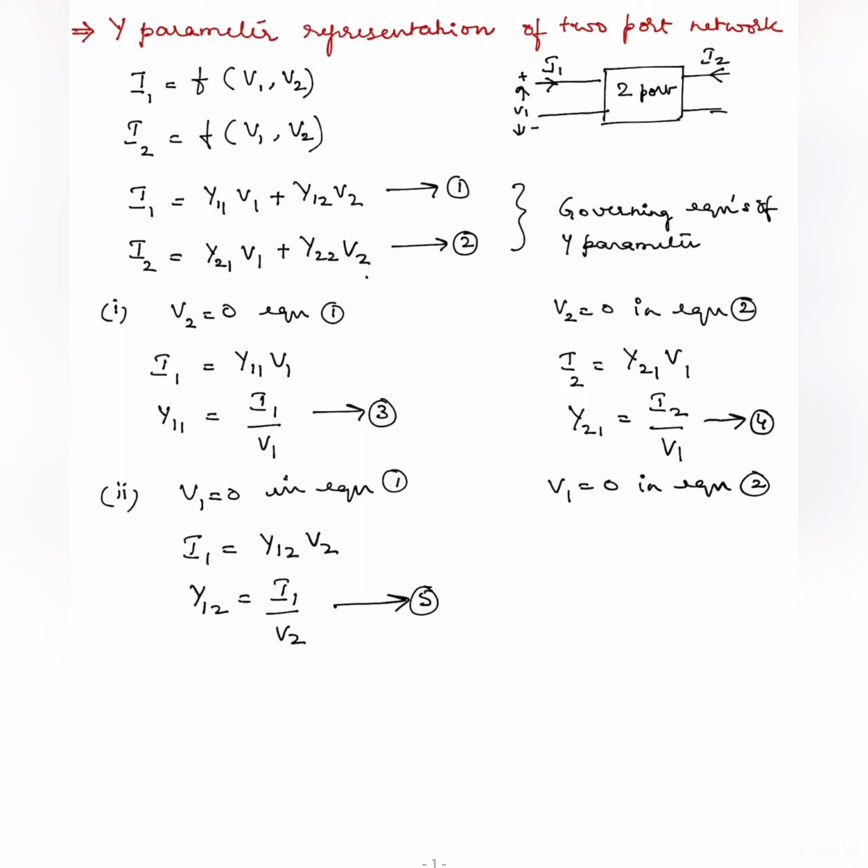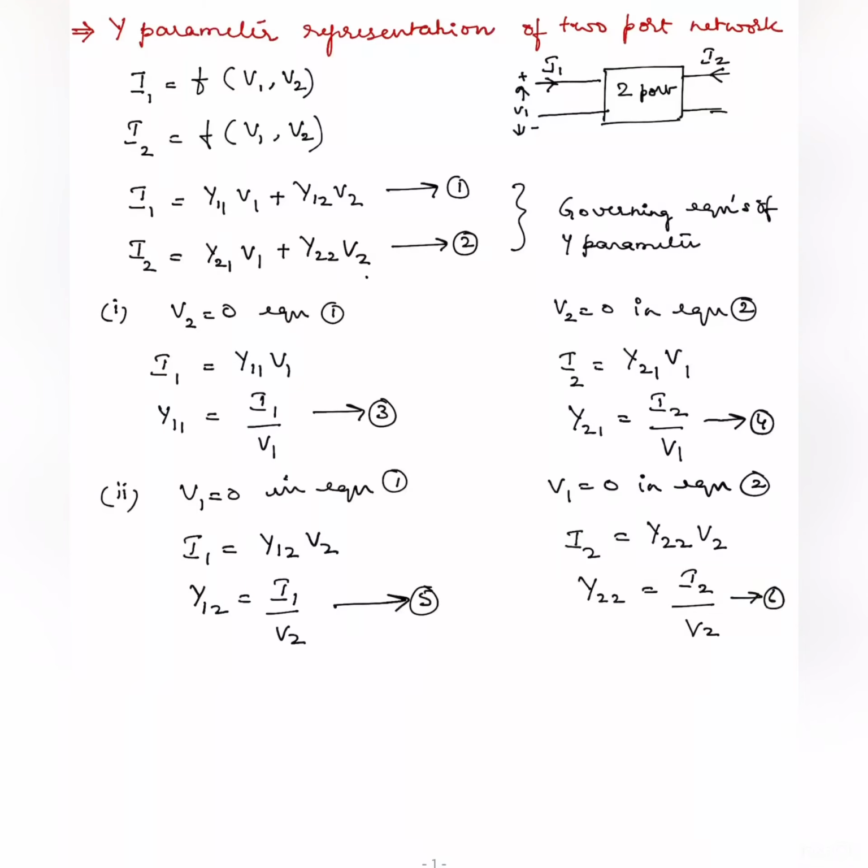So if you put V1 is equal to 0, what you get is I2 is equal to Y22 V2, correct? So from this, Y22 is equal to I2 by V2. This is sixth equation.